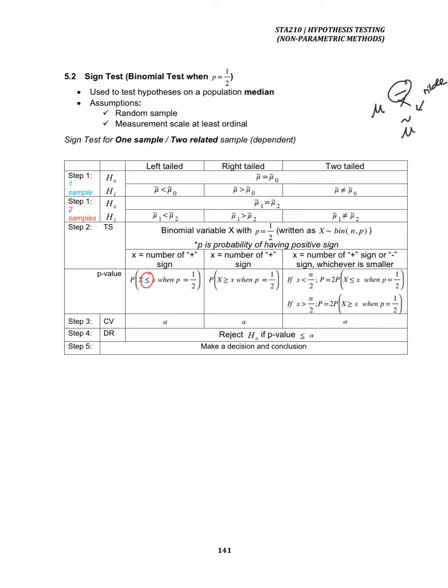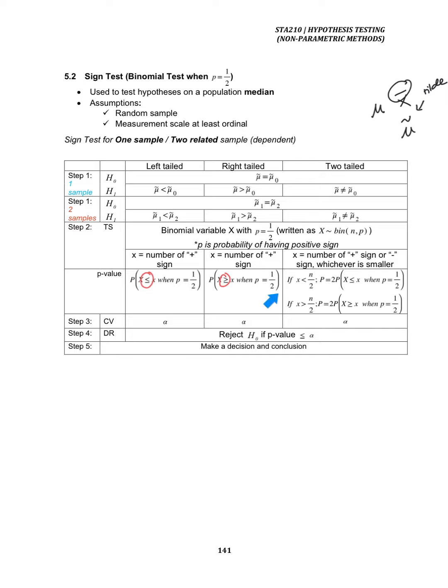Okay, and then for the right tail, the probability value is calculated as the probability of X greater than or equal to x when p equals half. Okay, yang ni sign dia probability of X greater than or equal to x. And then for the two-tail, we will consider two conditions.